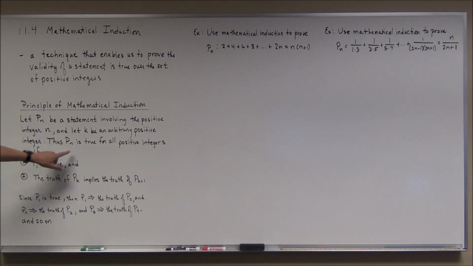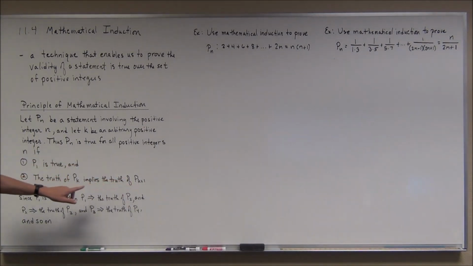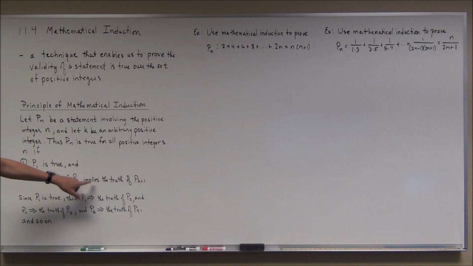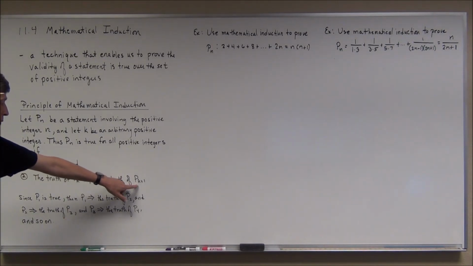Thus, p sub n is true for all positive integers n if p sub 1 is true, so that's the initial statement, and the truth of p sub k implies the truth of p sub k plus 1. So if we assume that p sub k is true, then we can use that to see if we can show that p sub k plus 1 is true as well.